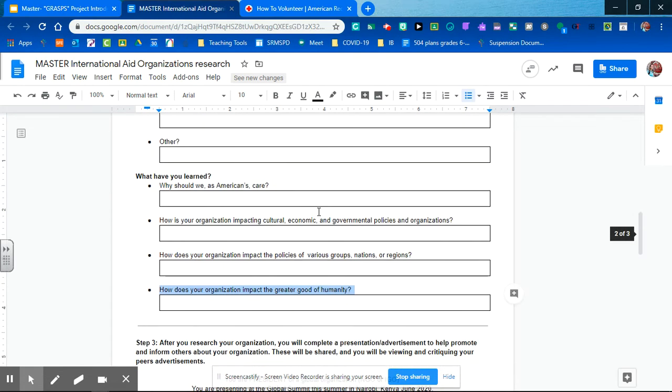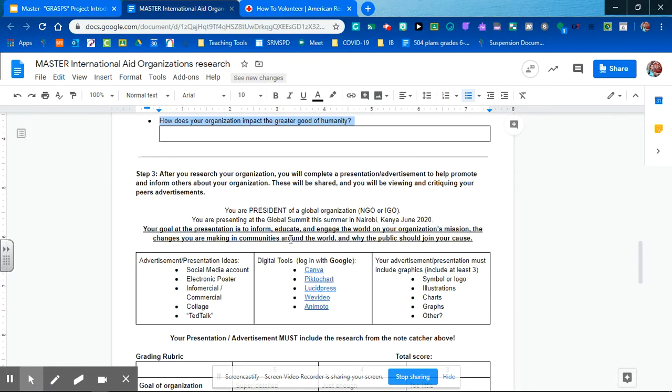Once you take all of your notes, you're going to create some sort of advertisement or presentation. In real life, if we were at school, we would have an actual summit, meeting in the LMC or on the learning stairs, and you would be teaching everyone about your organization. Because we can't do it in person, you have to make some sort of digital project.